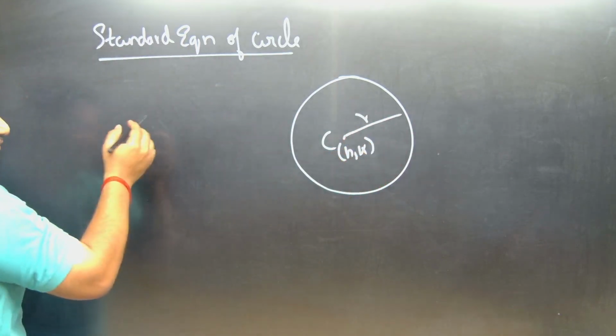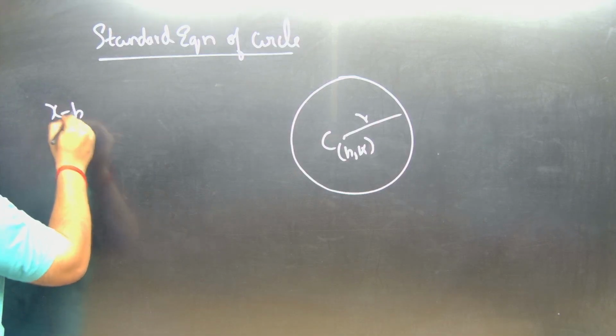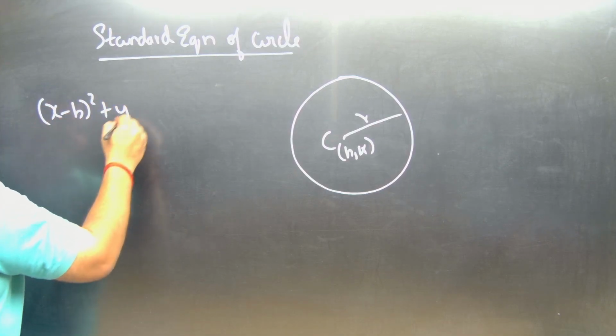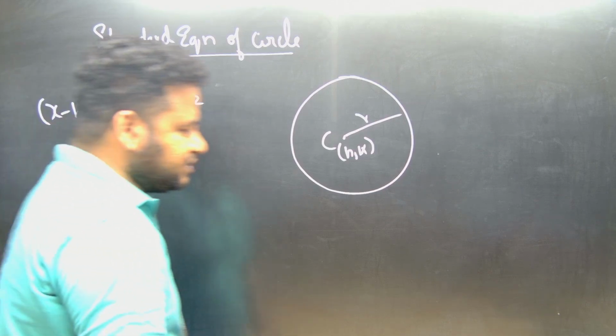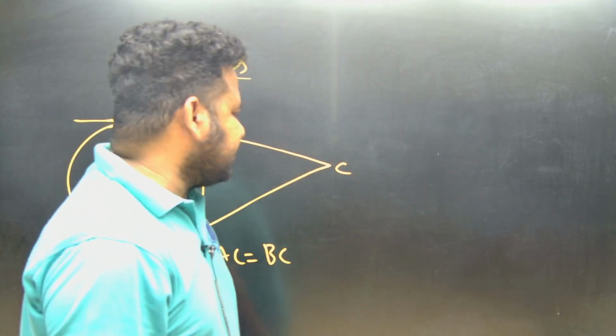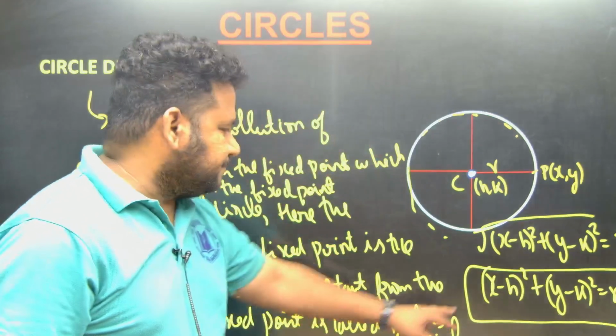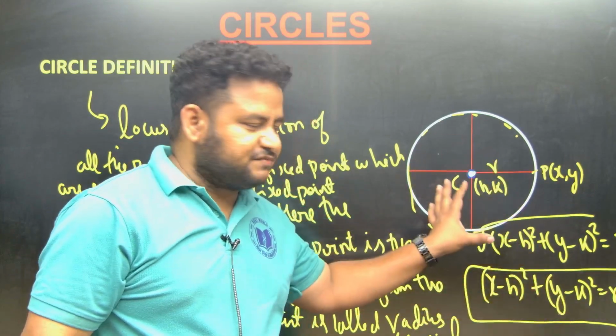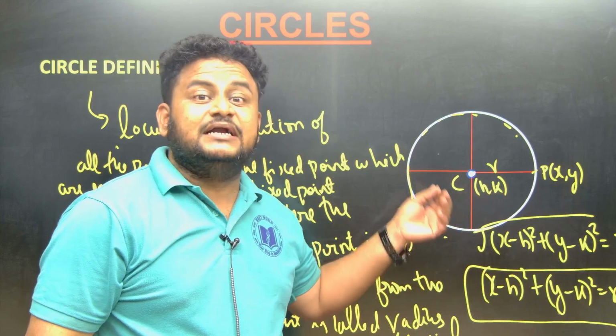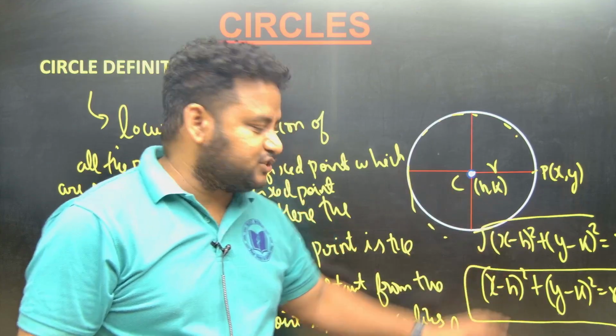The standard equation of the circle is given by x minus h whole square plus y minus k whole square is equal to r square. By the definition of the circle and applying the distance formula, I am getting the standard equation of the circle.